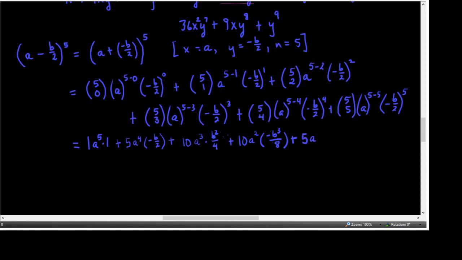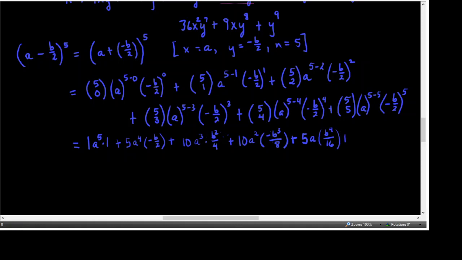A to the first, because 5 minus 4 is 1. I'm not going to write that 1. And negative b over 2 to the 4th. Negative b times negative b times negative b times negative b, that's positive b to the 4th over 2 to the 4th, which is 16.